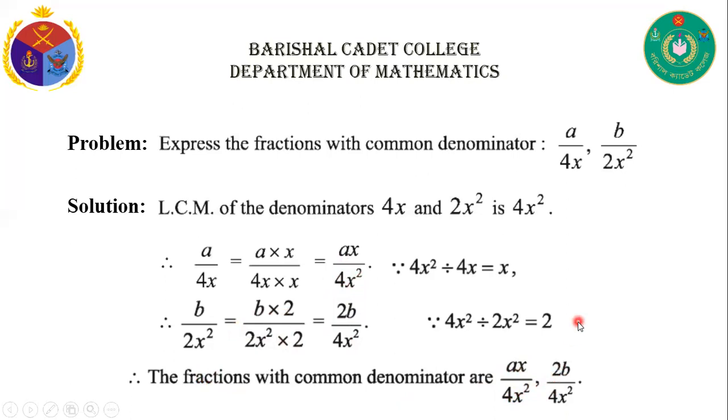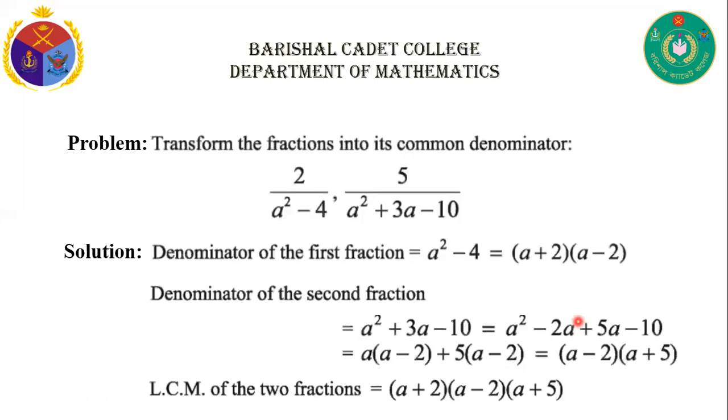This is a very interesting problem. Now another problem. Transform the fractions into a common denominator: 2 divided by a squared minus 4, and the second fraction is 5 divided by a squared plus 3a minus 10.